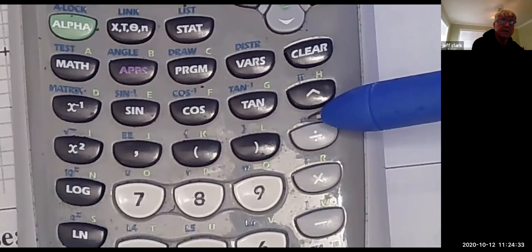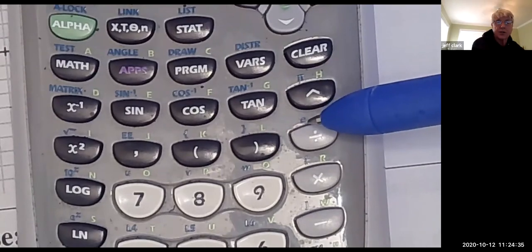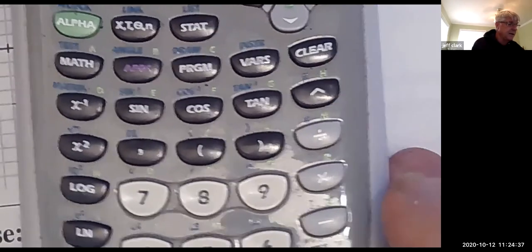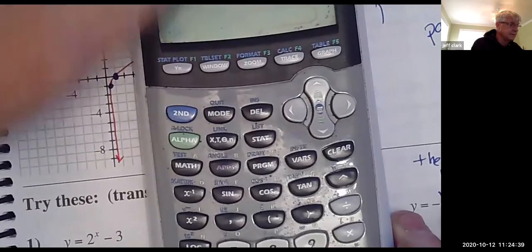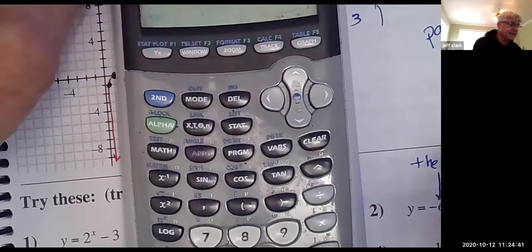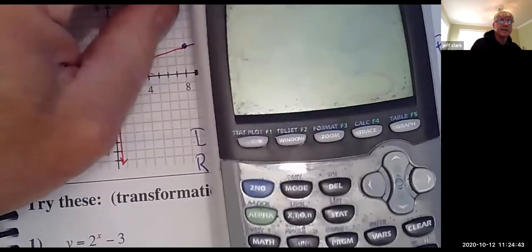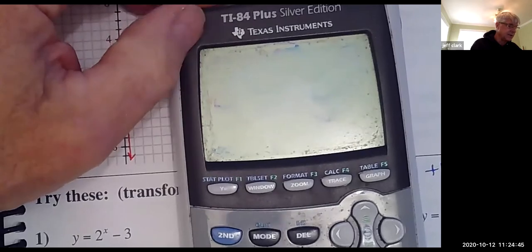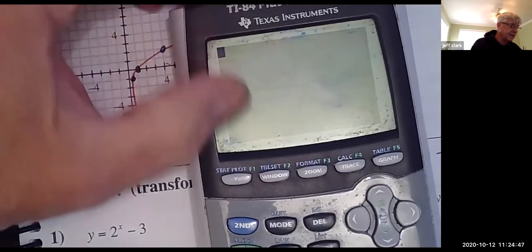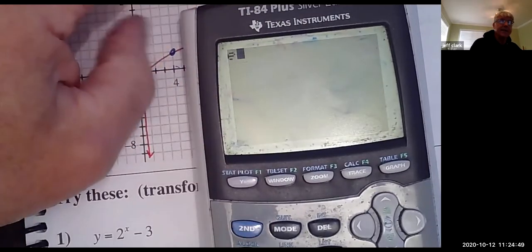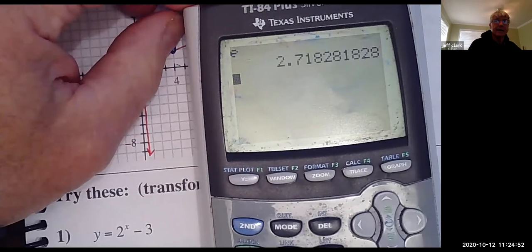There's an e right there. That's the one I'm going to use and show you what e is. So for me, I have to press the blue button and then press the divide sign. And then notice I get e. Do that again. Second e, and then hit enter, and there it is.